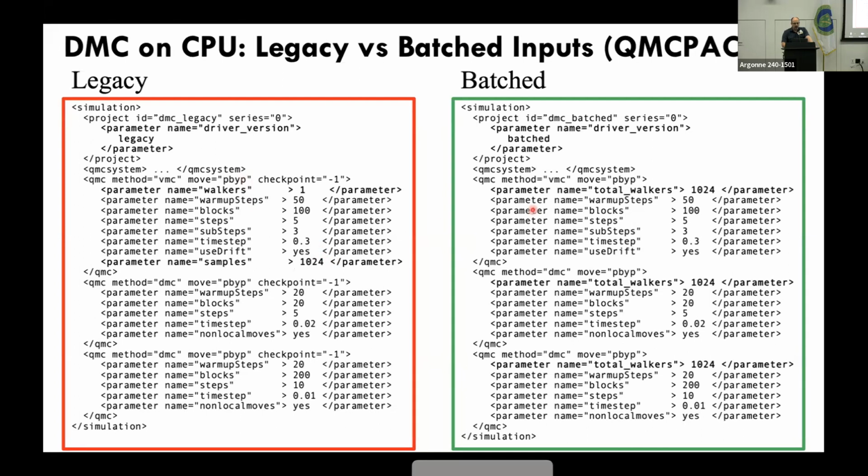In the new drivers, you can use the total walkers parameter, but instead of just specifying it in one place, like the VMC, you have to specify it in every single place. So that's a change, just to note, that's the way it is. Your VMC will be done with the number of walkers that DMC needs. In CPU, you can see why it was convenient to do it this way.